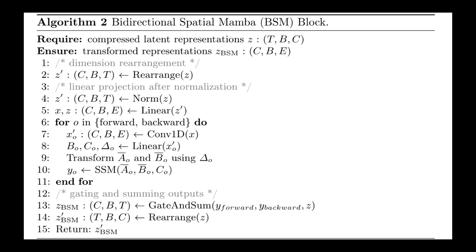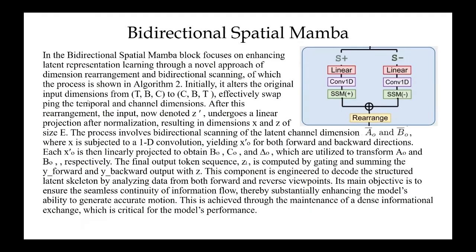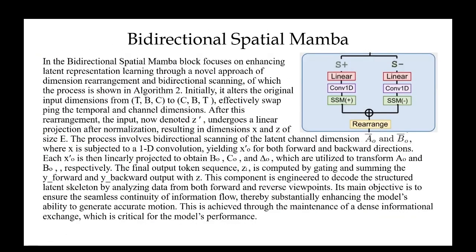Then pixel 2 is also all its values for different time steps, and similarly pixel 3 and so on. Initially it alters the original input dimension from T×B×C to C×B×T, like I said, because we're working on spatial dependencies, so that's why we're effectively swapping the temporal dimension.